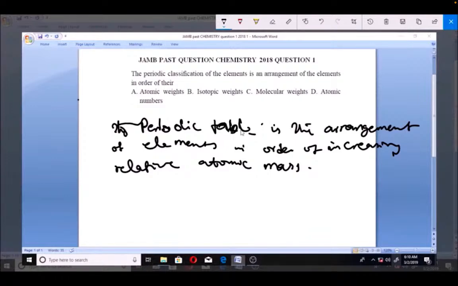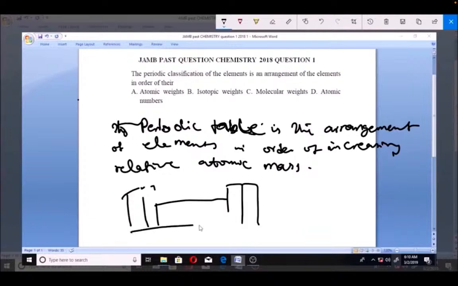The periodic table is simply the arrangement of elements. You have a table like this, where you have elements arranged. Now, what is actually happening in this periodic table?